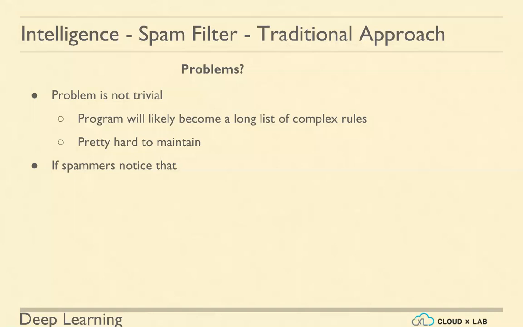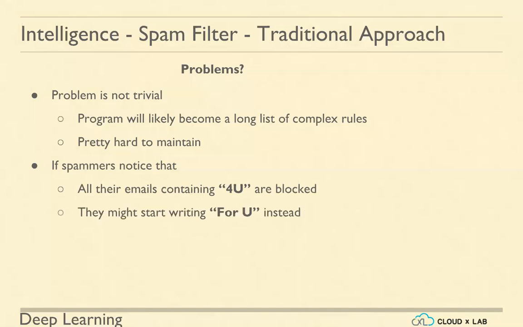And if spammers notice and figure out what kind of rules you wrote, right? Imagine that you figured out that all the emails that have "for you" written like this are spam, and they figured out that you are blocking all such emails. They will start writing "for you" instead, right?